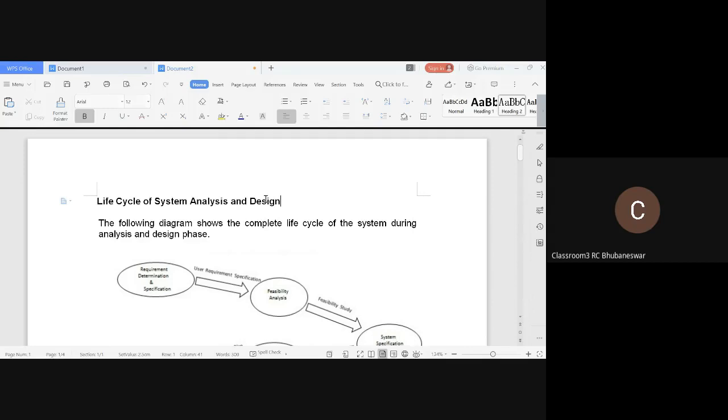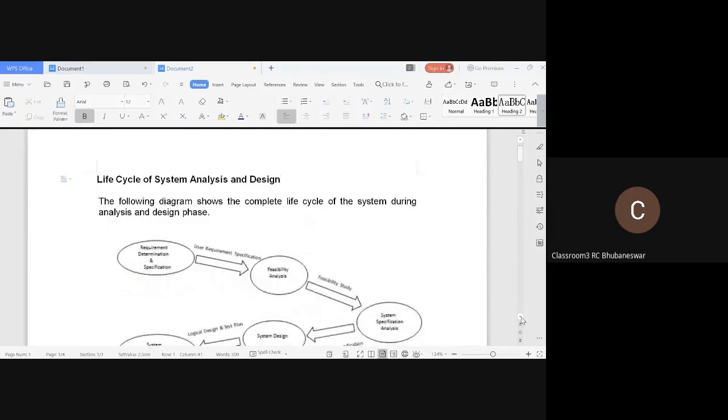So let's see the complete life cycle, the analysis and design phase, and who will be the system analyst, what the roles and responsibilities of the system analyst are, and what skills they should know. Because the analyst job is a very important and vital role in the software industry, and not only in the software industry, but in any field. So let's see.